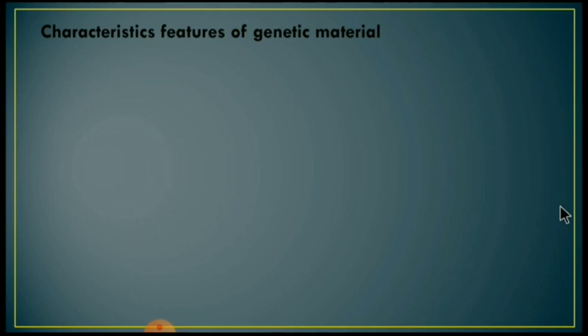Why are DNA and RNA called genetic material? They should possess some properties or characteristic features. The first characteristic feature is that it should transmit biological information or genetic information from one generation to the other generation.